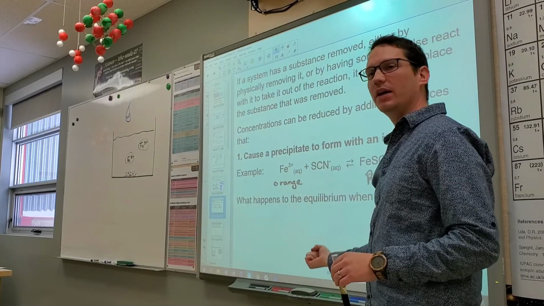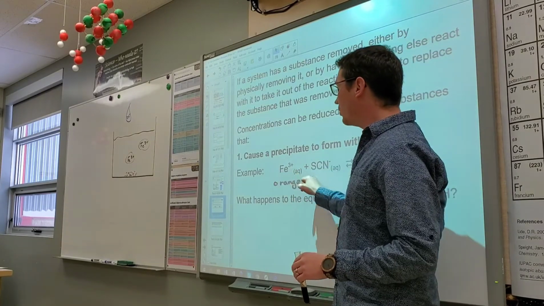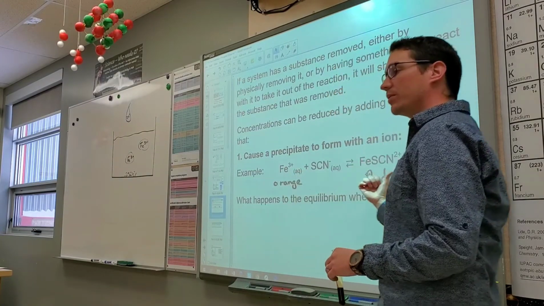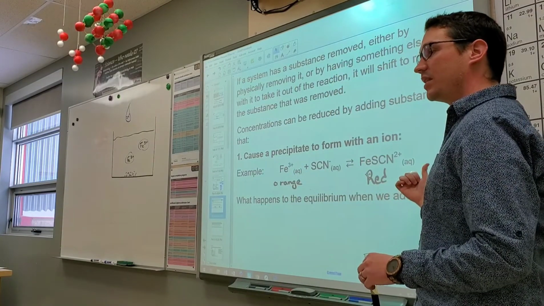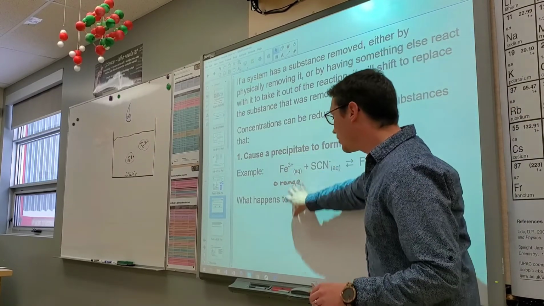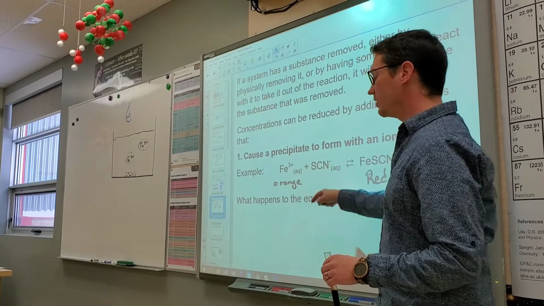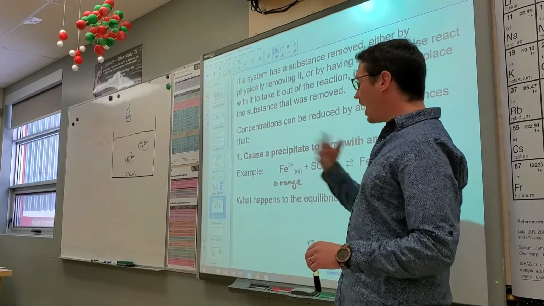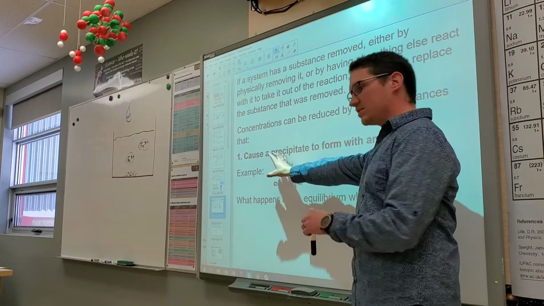I could take it away. When I take away one of these two things, I'm decreasing the forwards rate of reaction so that I really only have reverse reaction. By decreasing any one of these two things, the equilibrium will shift to make more of it. If I decrease it, the equilibrium makes more of it.